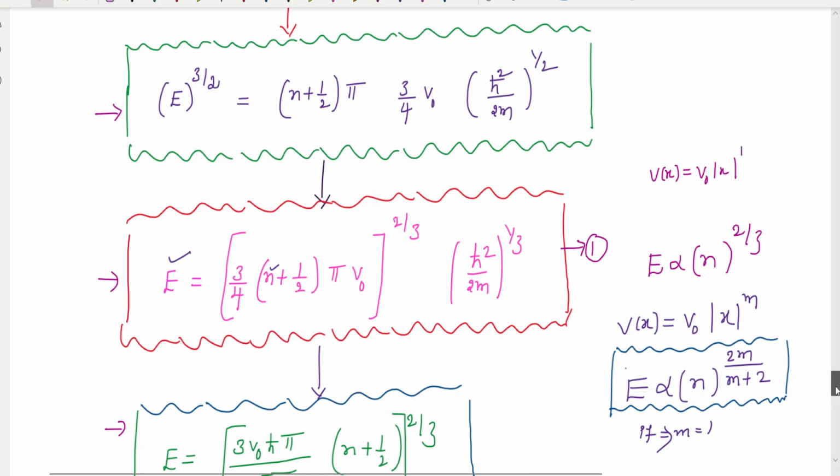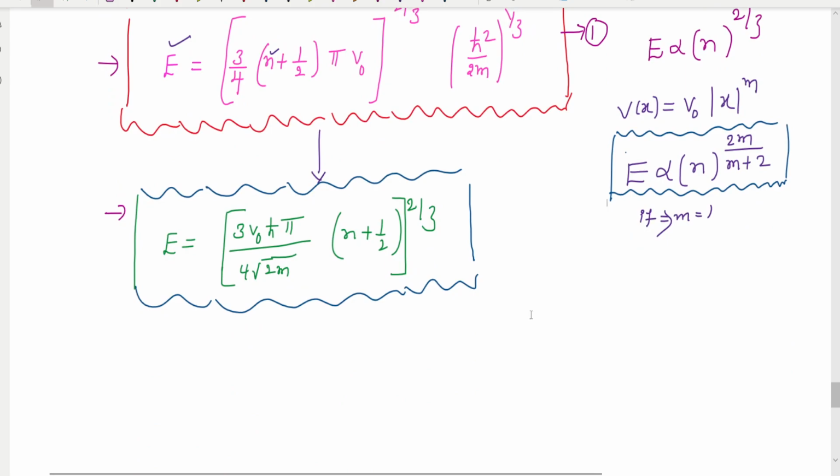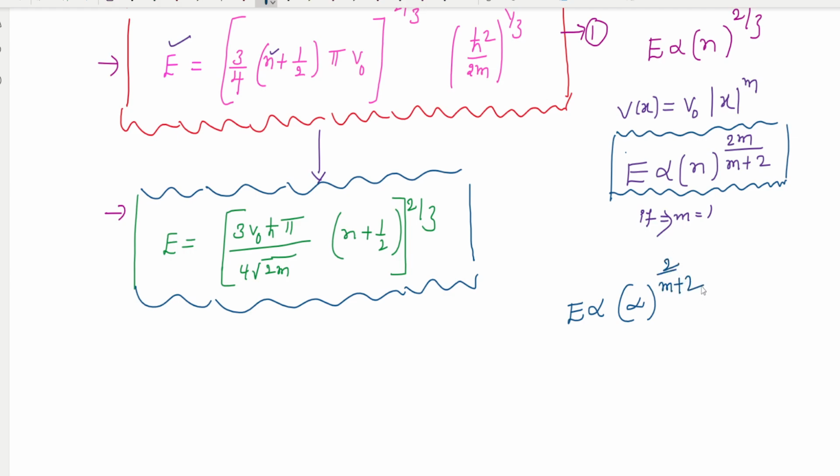And one more important parameter is there here: some functions are there, the energy function along with the quantum number, and some other functions also. So if energy depends upon that function, energy is proportional to some alpha whole power 2 divided by m plus 2.